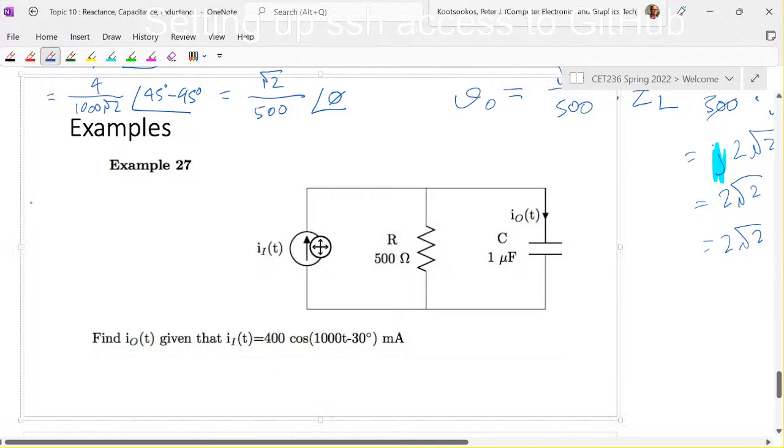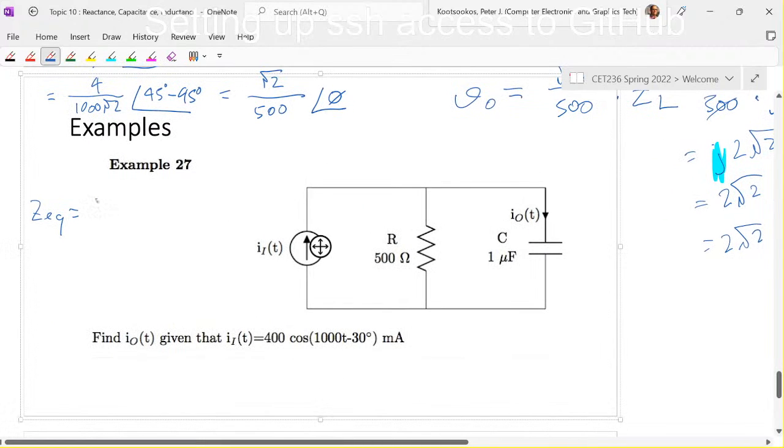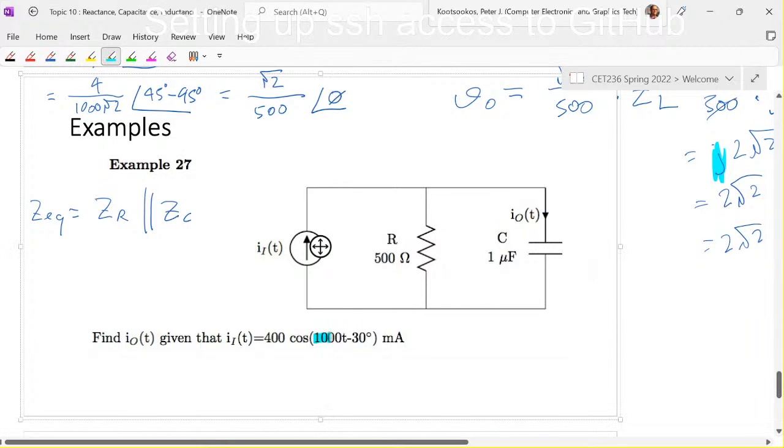Right, so our equivalent impedance this time is ZR in parallel with ZC. Now we've got to look at our omega. Omega this time is 1,000.